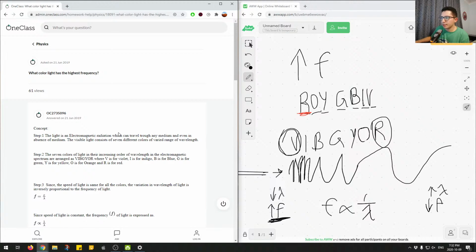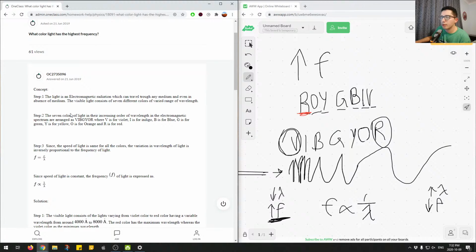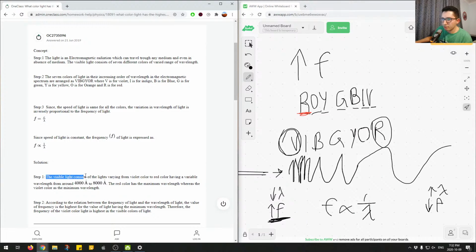So let's look at the attempted solution. They describe the concept, using the mnemonic Roy G Biv backwards, since the speed of light is the same for all colors, the variation of wavelength is inversely proportional, so this is correct. Visible light consists of light varying from violet to red, wavelength from 4,000 to 8,000.